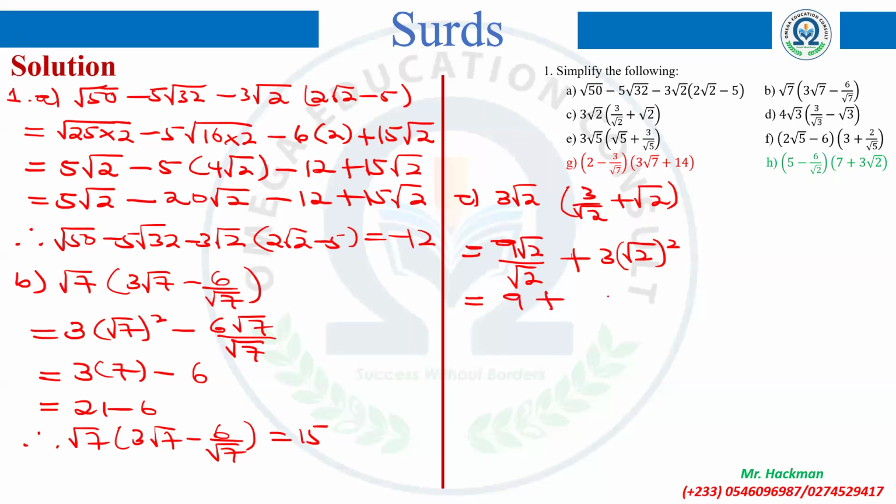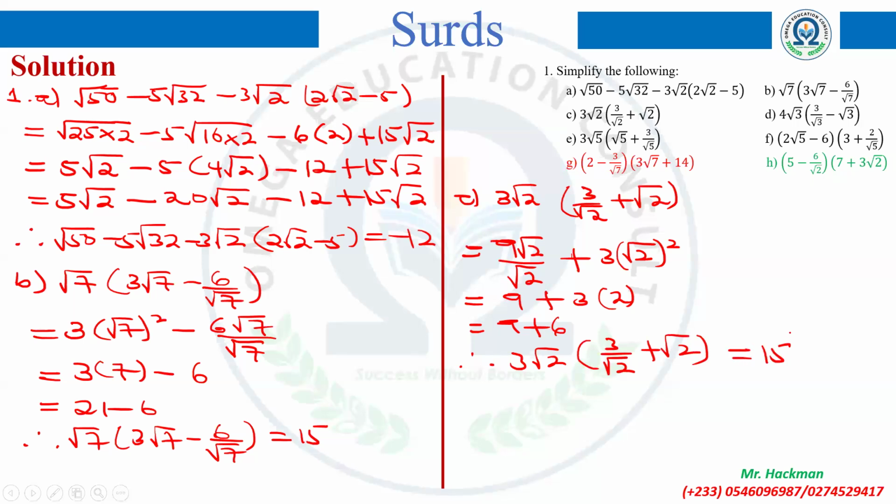Then plus 3 into 2, because the square gets rid of the root, so that will give us 6. 9 plus 6 gives us 15. So therefore, 3 root of 2 into 3 over root of 2 plus root of 2 is equal to 15. Point well made.